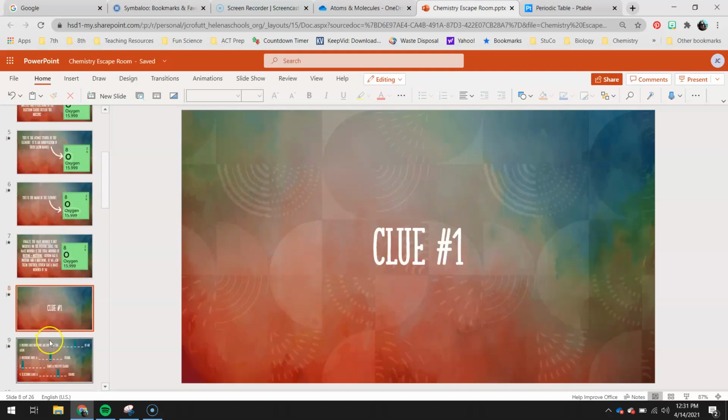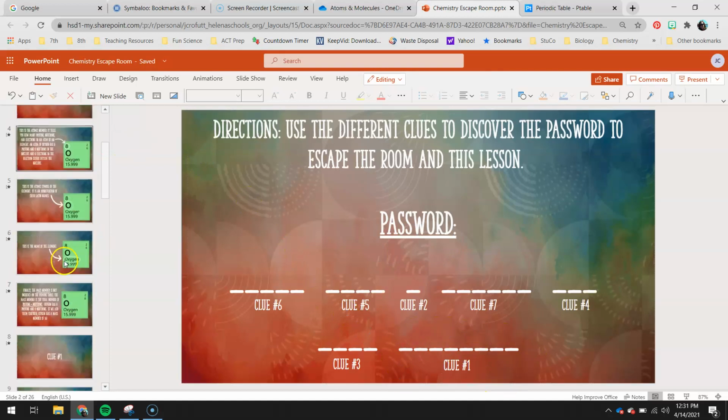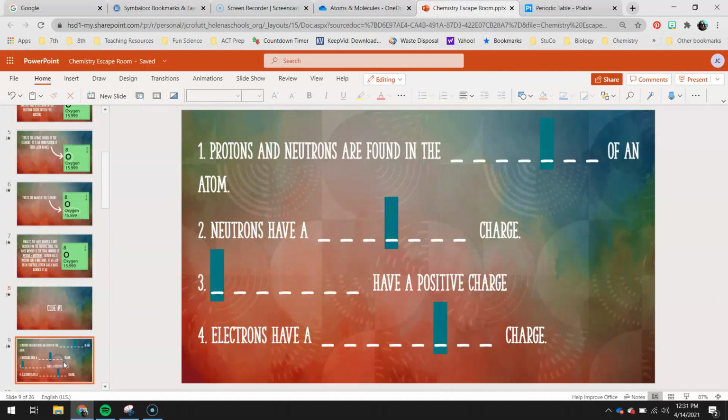Okay, clue number 1. This will help you figure out this very last word. Clue number 1. Protons and neutrons are found in the blank of an atom. You have this little highlighted letter. You will need to use your draw tool to write each letter in that blank. And then again, the blank that's highlighted will be the letter you are looking for.